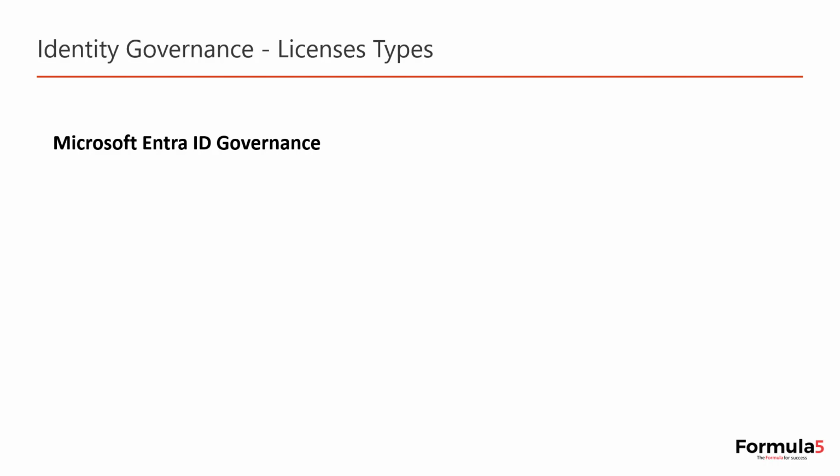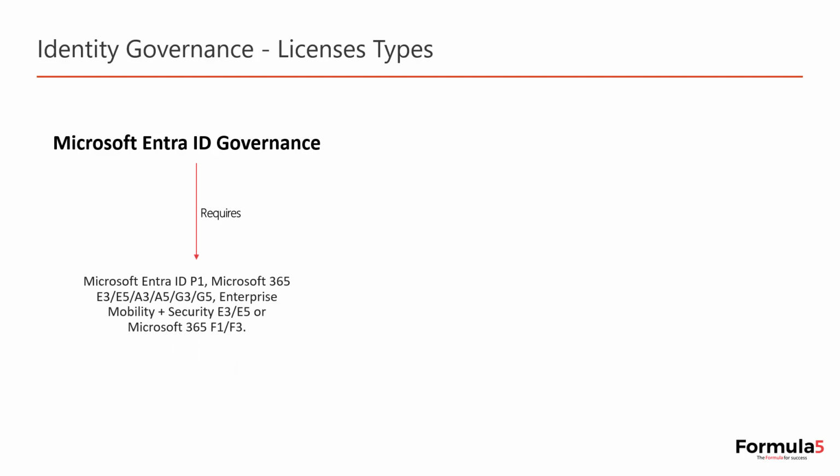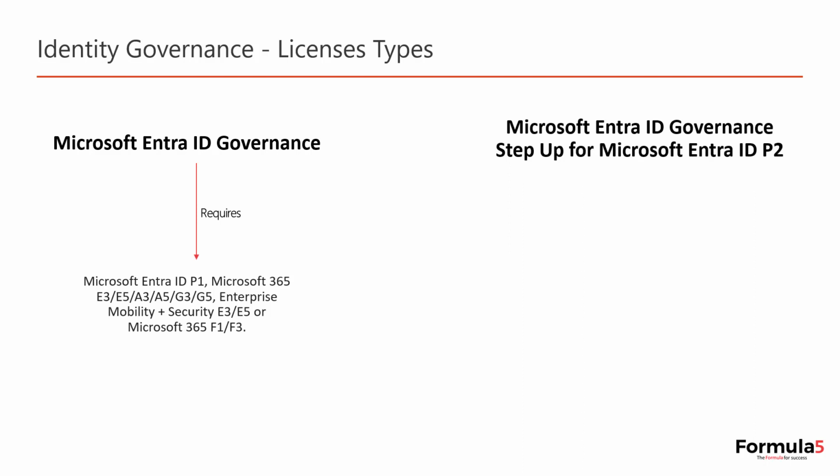There is the Microsoft Entra ID Governance license, and this one requires you to have a Microsoft Entra ID P1 license or Microsoft 365 E3, E5 licenses, and all others mentioned on this slide. So to get the Microsoft Entra ID Governance license, we need to have at least a Microsoft Entra ID P1 license. Now, there is a second license, which is called Microsoft Entra ID Governance Step Up for Microsoft Entra ID P2.